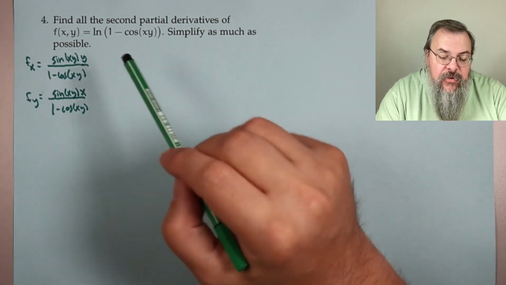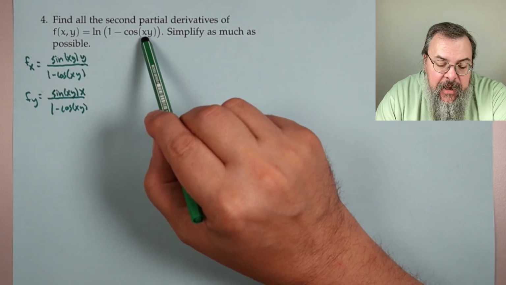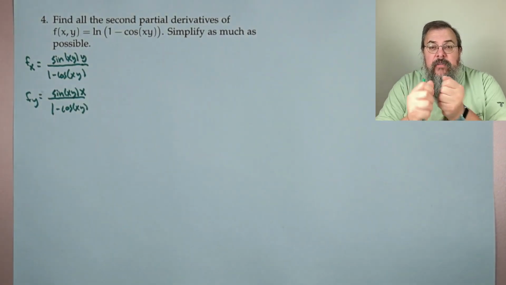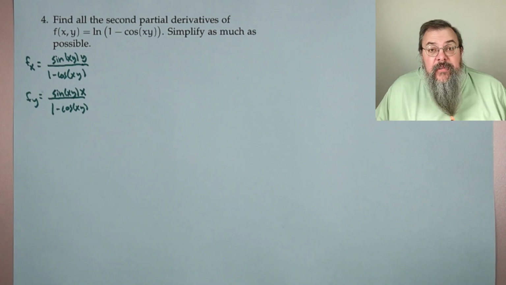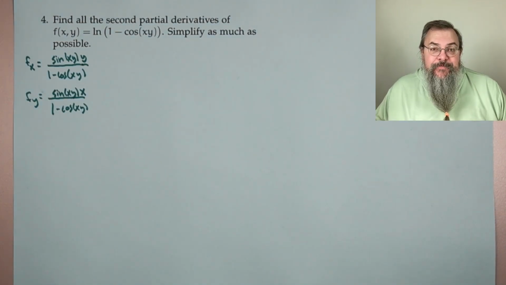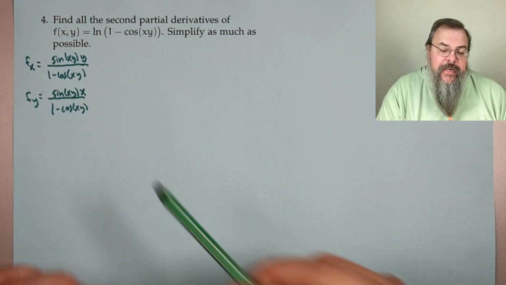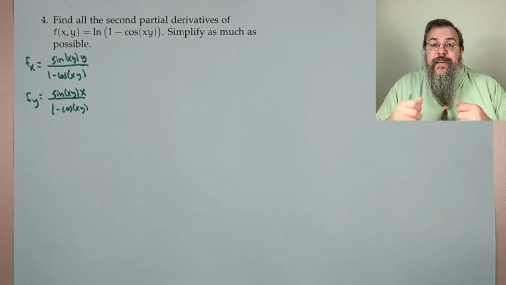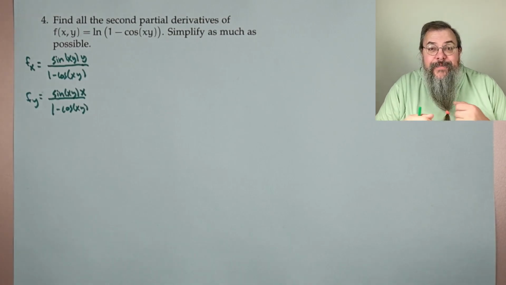Namely, do you see here how this function is defined in such a way that if you swapped x and y, it would still be the same? Yes? What does that say? Well, that says if I look at the derivative with respect to x versus the derivative with respect to y, it should just be swapping x's and y's.